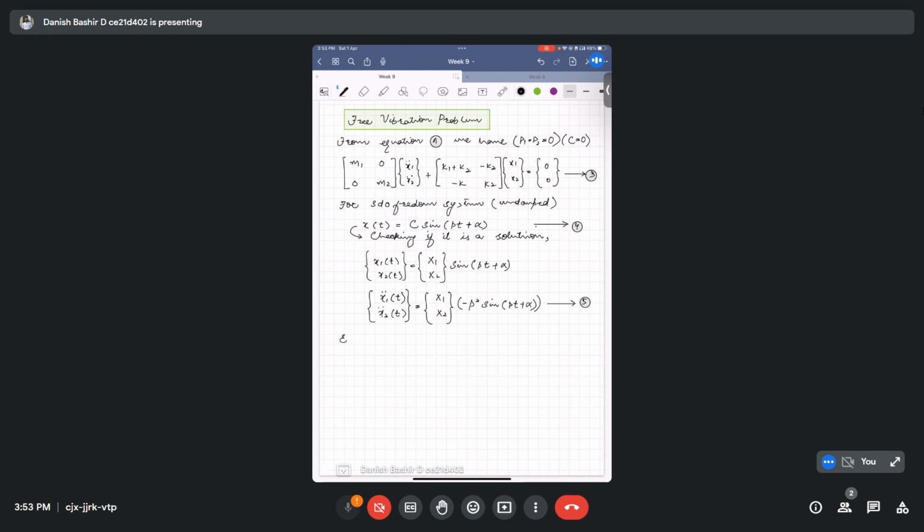So equation 5 is to be substituted in equation 3.